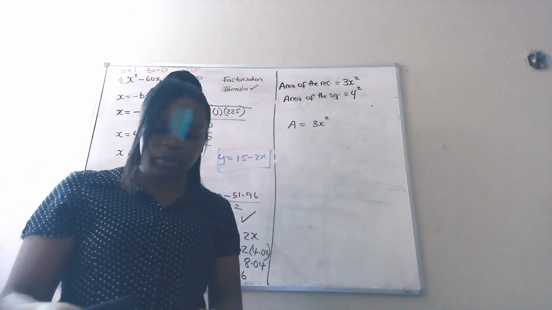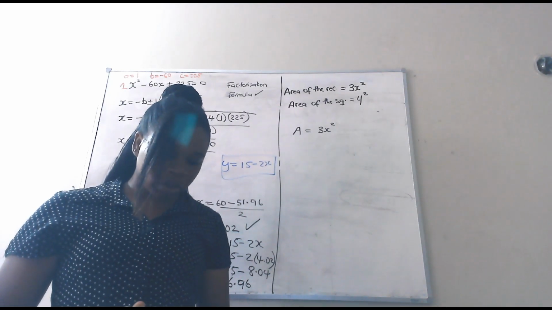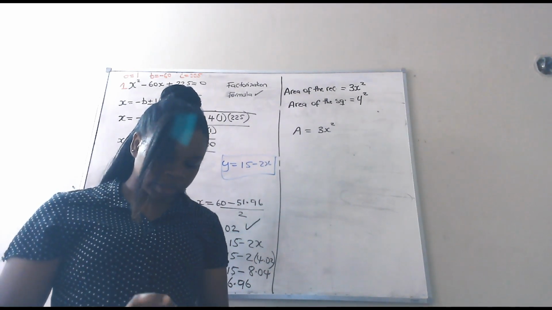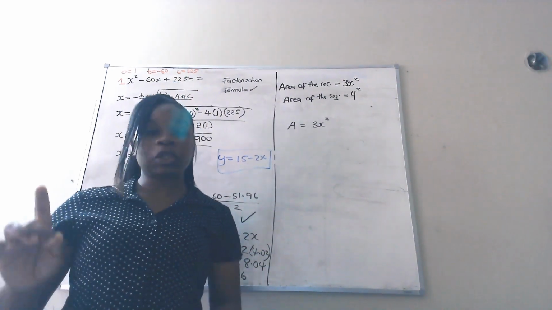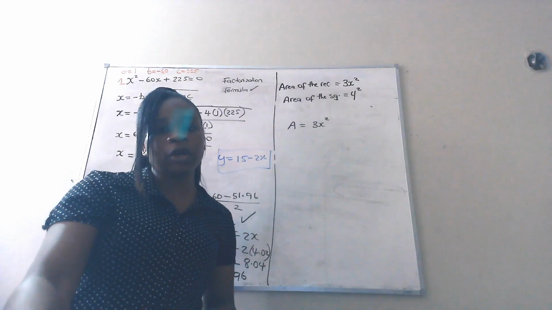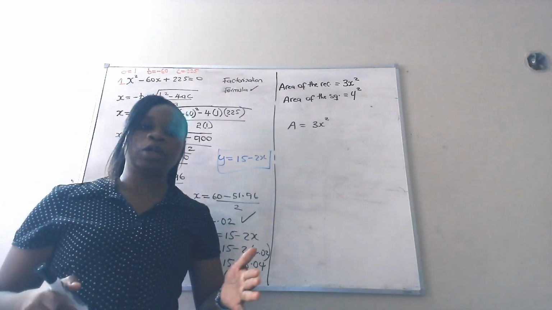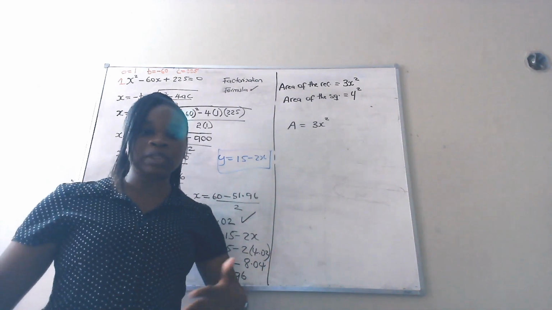So let's take a look at the question. They want us to calculate the total area of the 2 seed beds. So the only thing you're going to do different here is you're going to multiply by 2 because it's saying of the 2 seed beds.